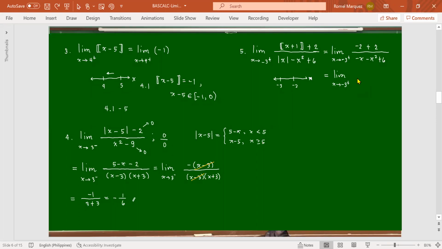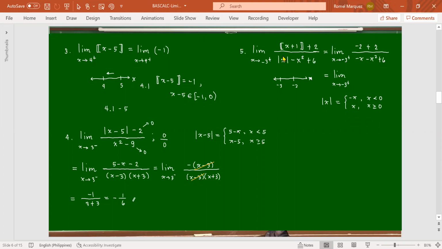Sir, just a question. Yes. The absolute value of x is negative x? Because isn't our number negative, since it's less than 0, sir? Isn't it negative x if x is less than 0? Yes. When our x is greater than or equal to 0, keep it as is, simply positive x.